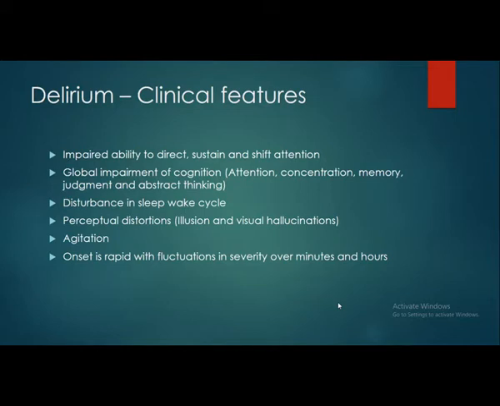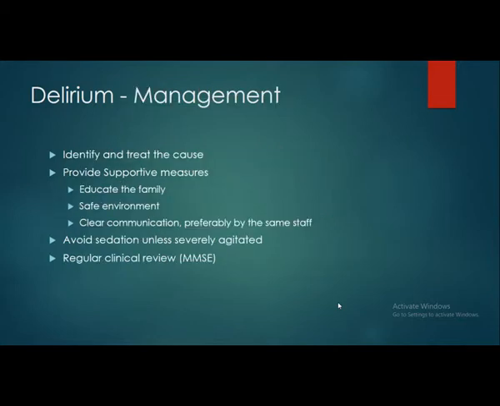The onset, as we already talked about, is acute or rapid, with fluctuation in severity over minutes to hours. The global impairment of cognition that the person experiences fluctuates over minutes to hours.